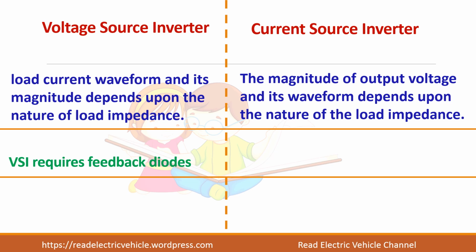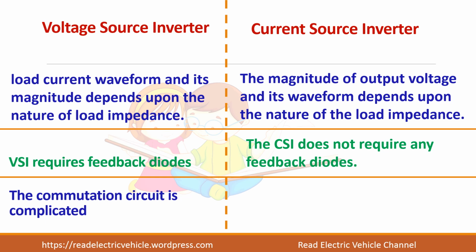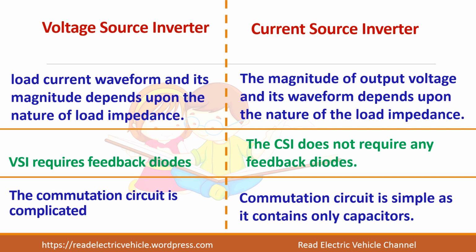In voltage source inverter, we normally connect a feedback diode so that it works under non-resistive load. But in current source inverter, we don't need any feedback diodes. Here the commutation circuit in voltage source inverter is complicated, whereas it is easy in case of CSI as we require only capacitors.